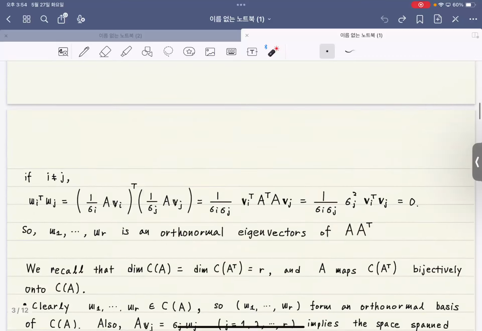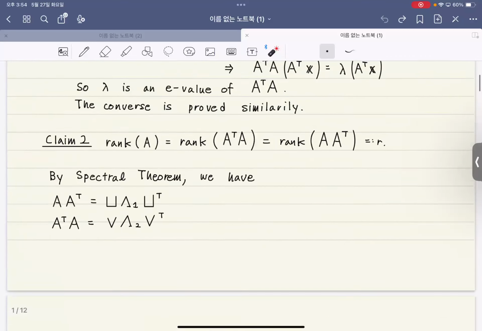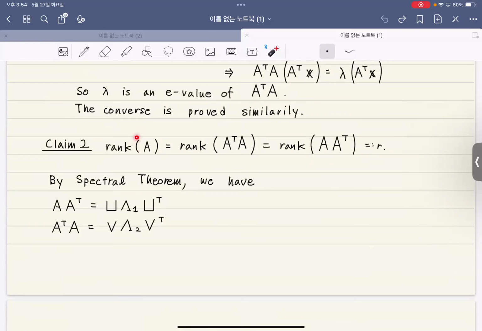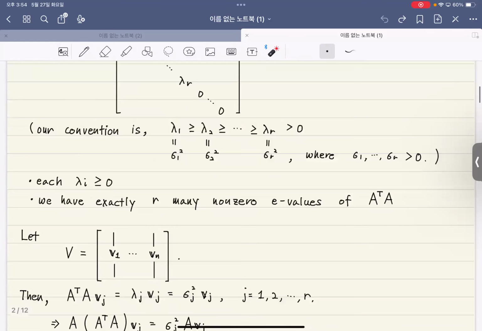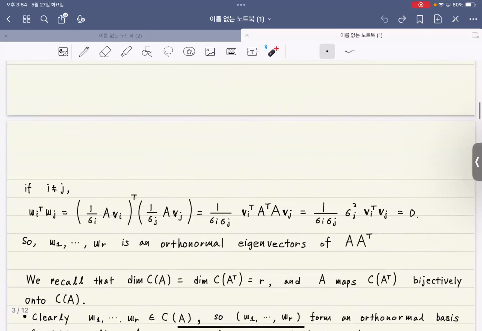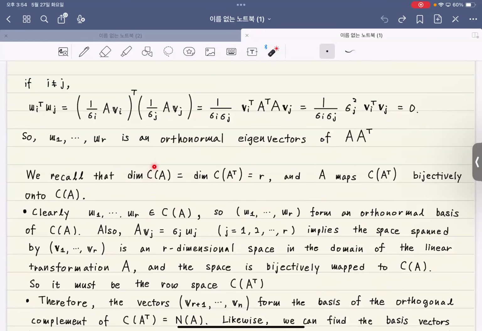Okay, so at the very beginning, we assumed the rank of the matrix A is R, and therefore the dimension of the column space and the dimension of the row space are both R, right? And A maps the row space bijectively onto the column space.